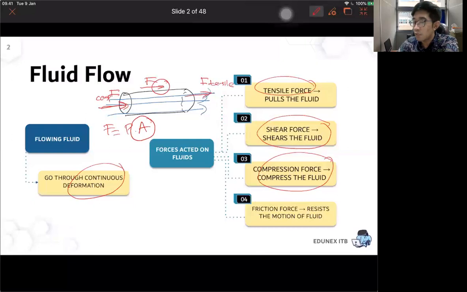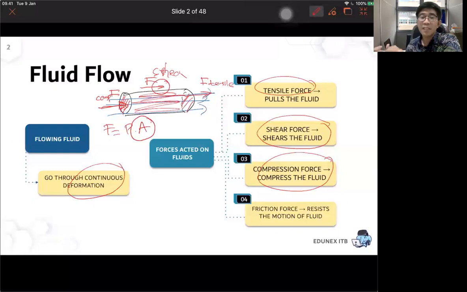For the compression force, it is the cross-sectional area, perpendicular to the direction of the force. For the tensile force, it is also the cross-section area, perpendicular to the force. But for the shear force, it will be the surface area, this one.